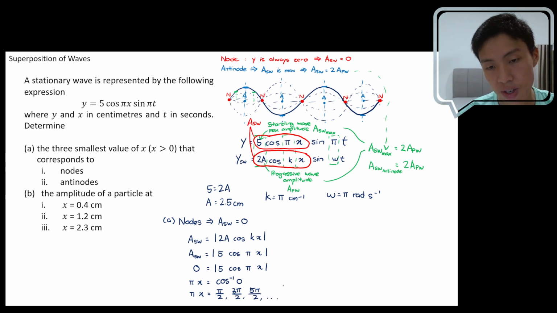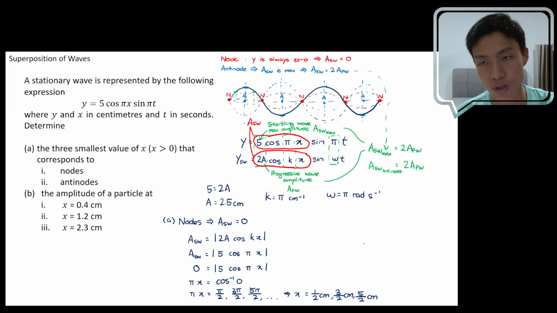They ask for 3 only, right? So you provide 3. Okay, so from here you can see that x is equal to, you bring the pi to the right hand side, divide by pi for everything, you get the answer half a cm, 3 over 2 cm, and 5 over 2 cm.